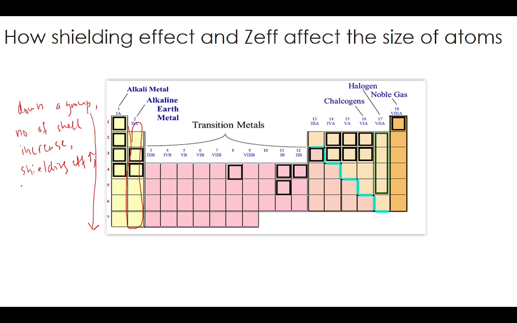The attractive forces from the nucleus to the valence electron become lower, because the shielding effect is higher. So what happened to the size? The atomic size becomes larger. That is what happens in terms of shielding effect and the size of the atom.